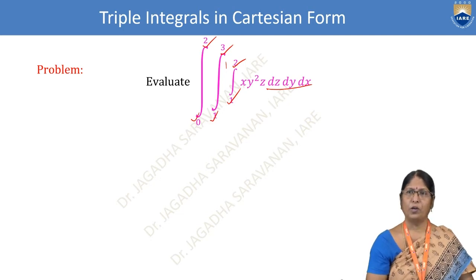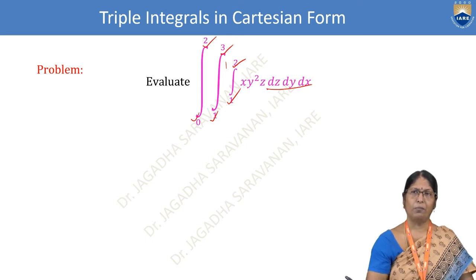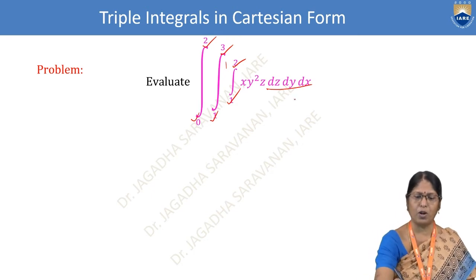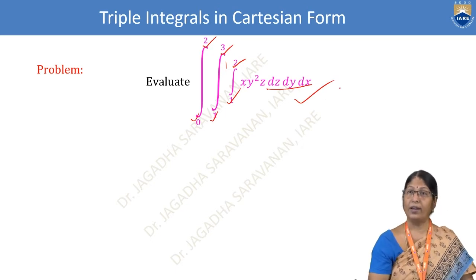Before, we did innermost, middle, outermost separately, substituted in the particular places, and did the previous problem. Whereas now, this problem, we will do in a different way. All are correct. Anyway, we can evaluate the triple integrals if all the limits are constants.